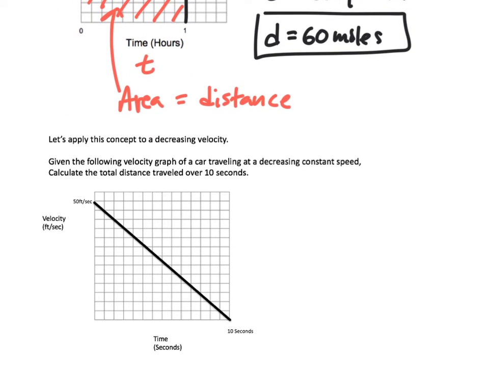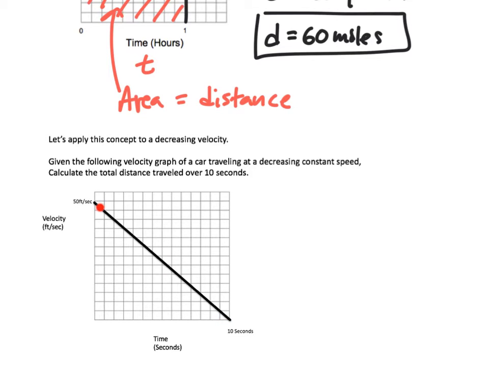But let's think about a car that is slowing down, traveling at a decreasing constant rate. Over the course of 10 seconds, we were traveling at a rate of 50 feet per second, and over the course of 10 seconds, we come to a stop.